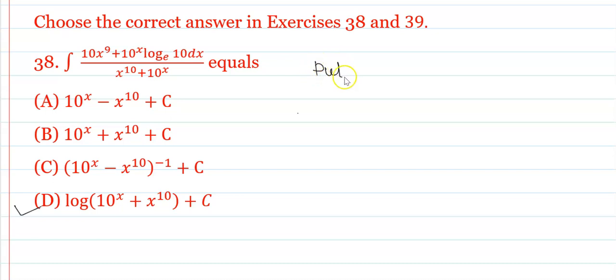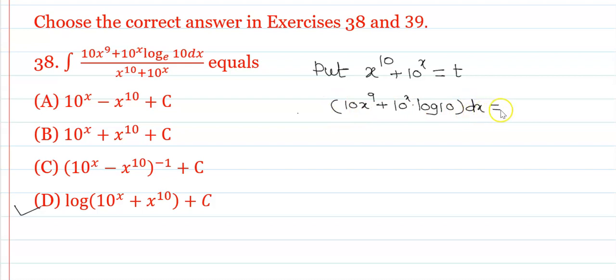But how it is, we will solve this example step by step. Put x raised to 10 plus 10 raised to x is equal to t. Therefore 10 x raised to 9 plus 10 raised to x into log of 10, here the bracket is complete, into dx is equal to dt. Okay.